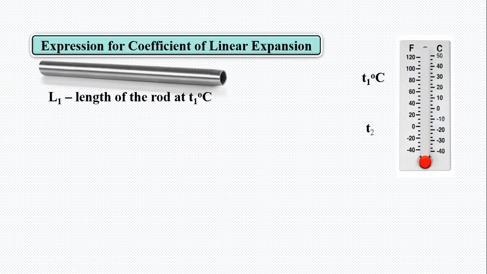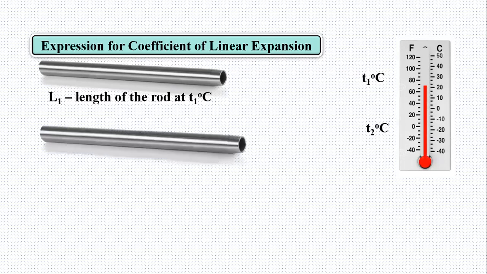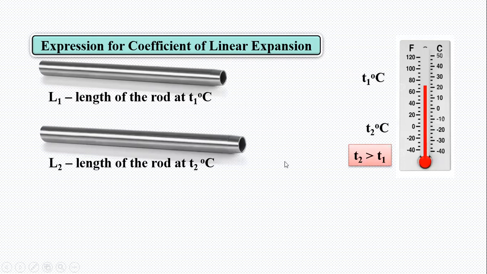So L1 is the length of the rod at T1 degree Celsius. Now again that there is change in temperature, that is T2 degree Celsius, and after expansion the length is L2. So L1 is the length of the rod at T1 degree Celsius, L2 is the length of the rod at T2 degree Celsius. Now obviously here T2 is greater than T1.